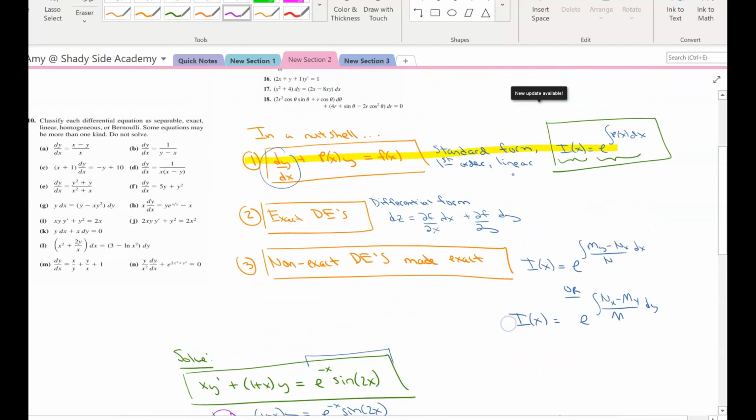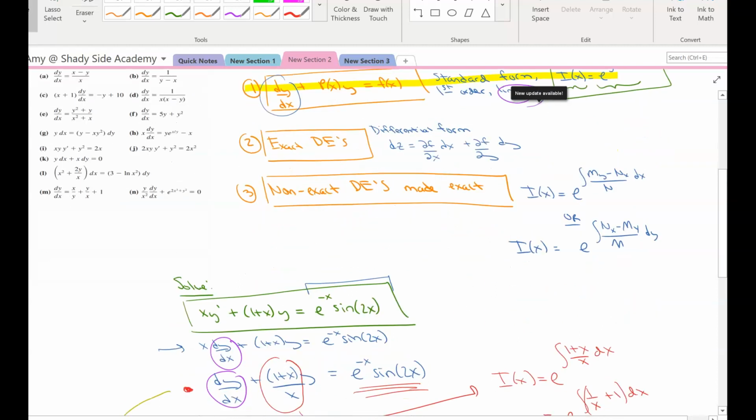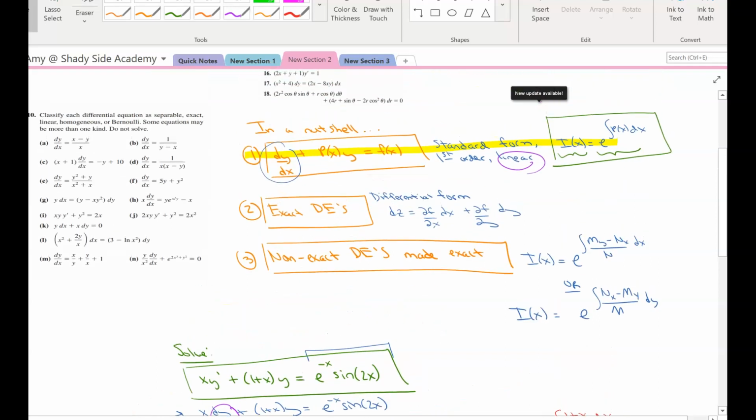Okay, that's the order. The degree pertains to the highest power that either the dependent variable, y, or the dependent variable's derivative, dy dx, is raised to. All right, so in this case here, you can see that the highest power that either y or dy dx is raised to is a power of 1. All right, wonderful.